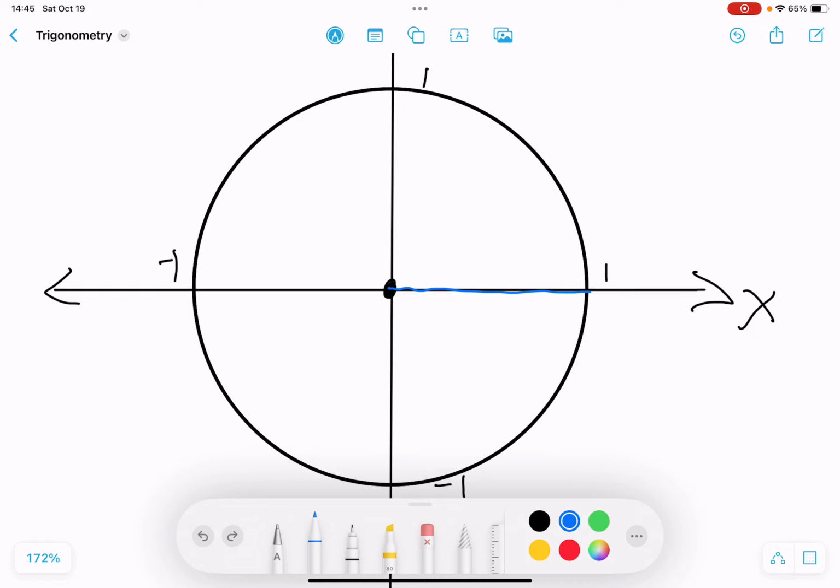And when we count positive angles, positive degrees, ignore the negatives first, we move counterclockwise or anti-clockwise, depending on how you like to say it. So you move counterclockwise when you count positive degrees. For example, if you rotate this radius over here, if you shift this line over here, this is 90 degrees, or pi over 2 radians. Right?